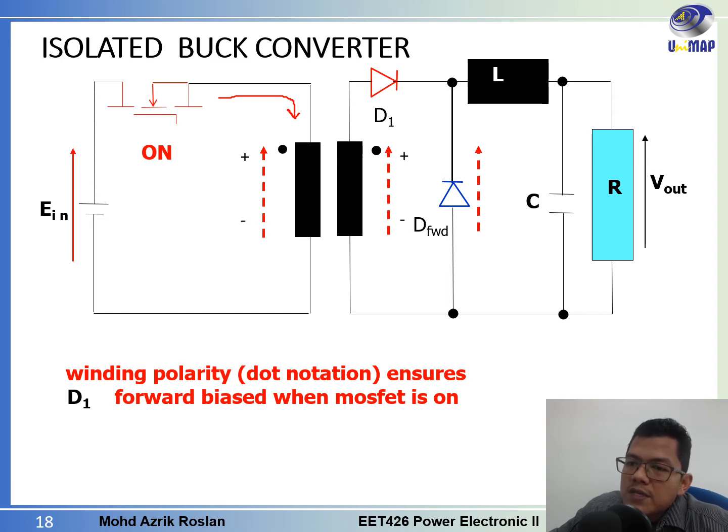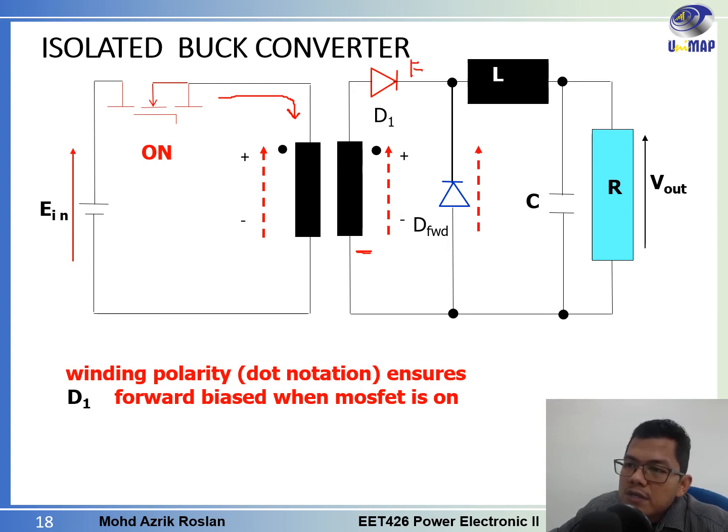Winding polarity dot notation ensures D1 is forward biased when the MOSFET is on. When the MOSFET is on, this one will be positive and this one will be positive. Because this one is positive, this one will be negative. This one will be forward biased. And how about this one?